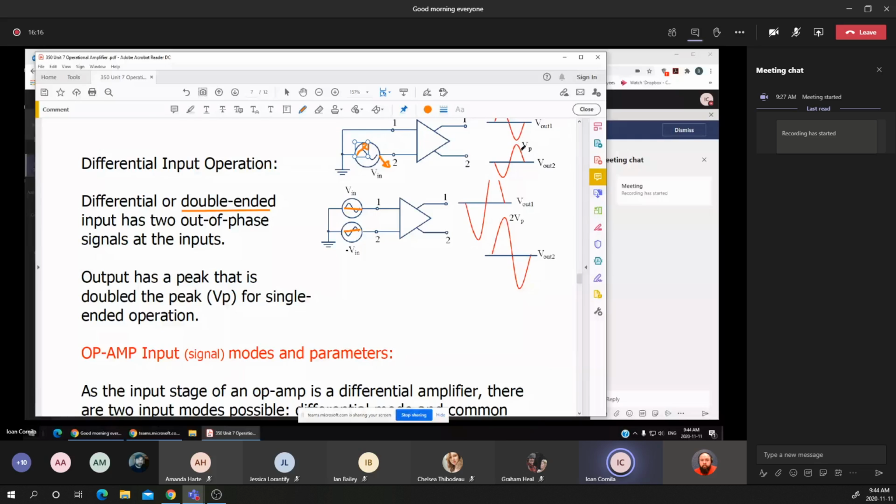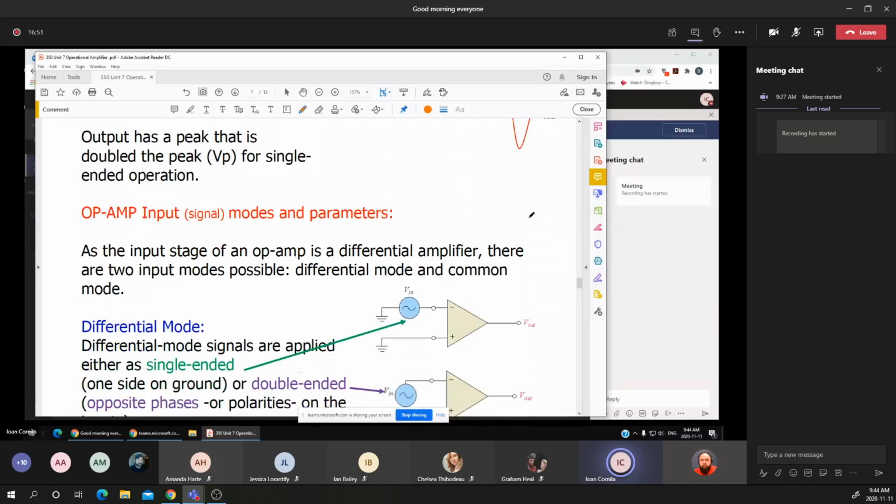Again, I suppose that the VP is a unity in the first two diagrams, and the amplitude on the differential double-ended inputs will be twice the voltage. Now I'll complete this sine wave. It will be twice the VP that we obtain in applying just a single input voltage to one of the two inputs of the differential amplifier.